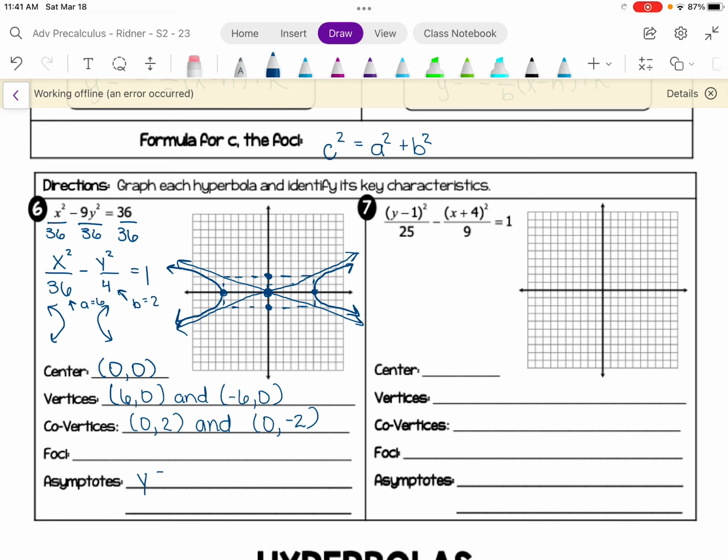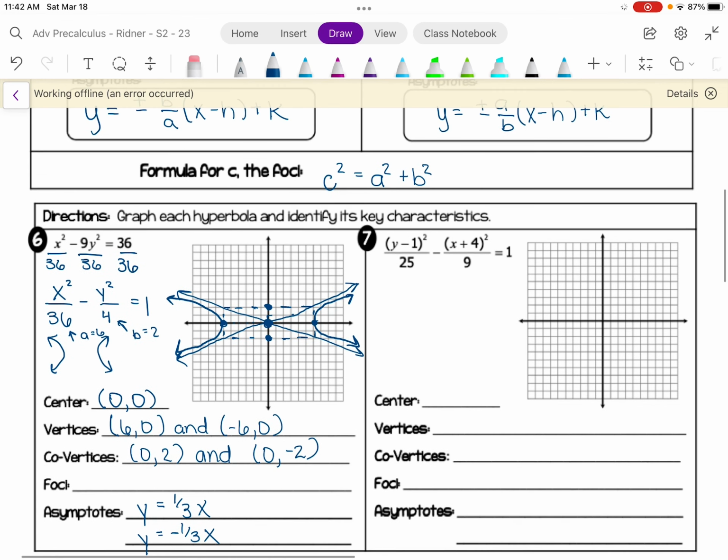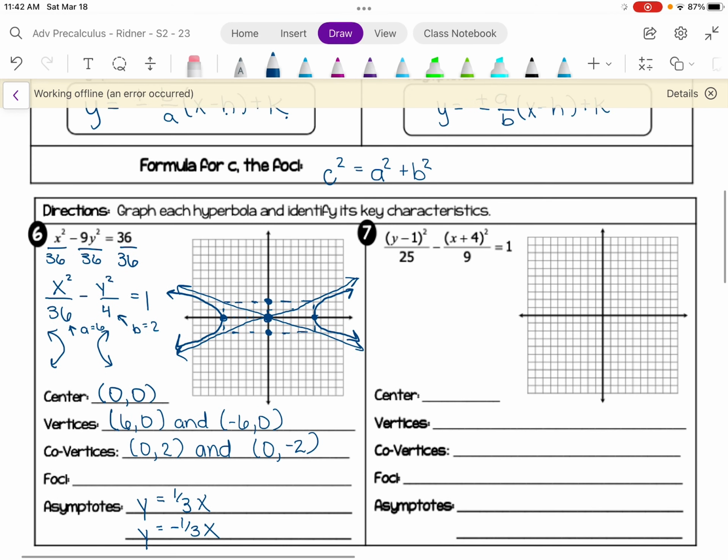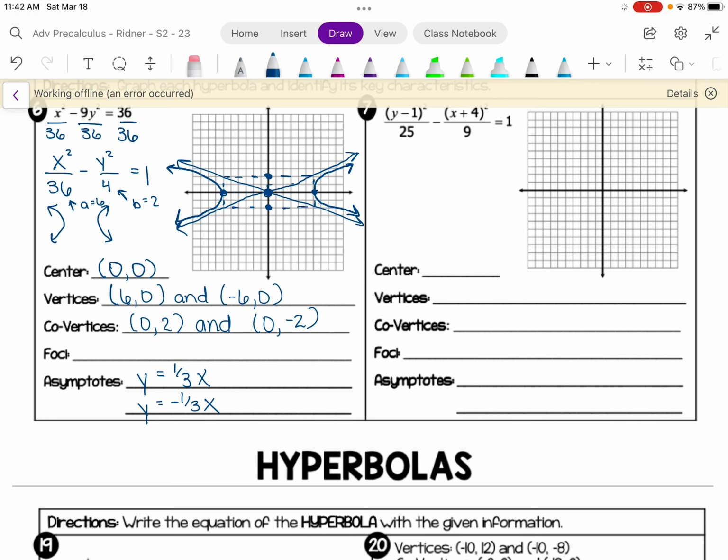So it's y equals 1/3 x plus 0, or y equals negative 1/3 x plus 0. Notice I'm not writing the 0. You could also plug in 0, 0 there, and then do 2 divided by 6, which is also 1/3. So the formula works as well. But if you have to graph, you can just use your graph.